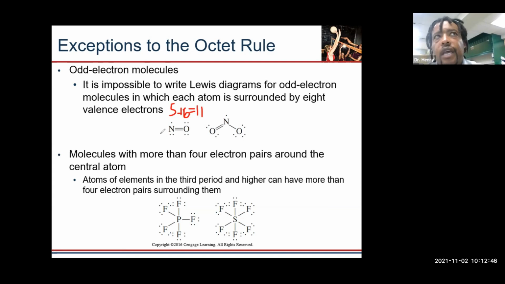So what we do in this case is make sure the one with the strongest electronegativity reaches its octet. The other one is going to be deficient by 1 electron. Here oxygen has 2, 4, 6, 8 around it, whereas nitrogen has 2, 4, 6, 7. Nitrogen will always be 1 short, while oxygen reaches its octet because oxygen is stronger in electronegativity than nitrogen. Does that make sense?